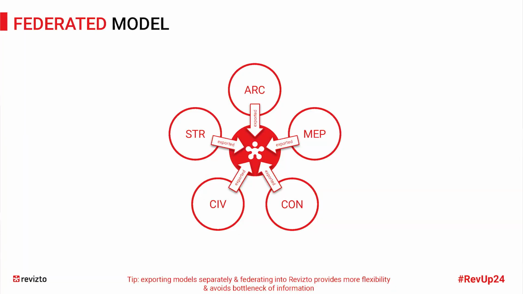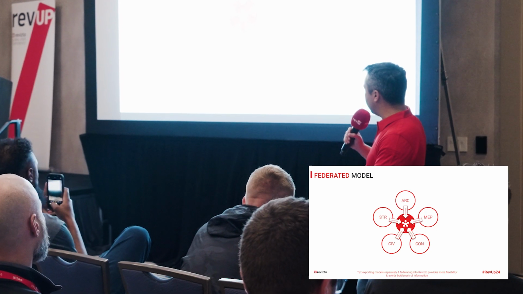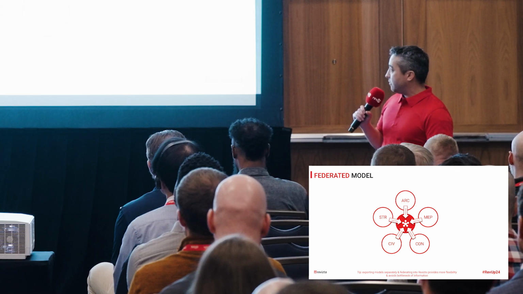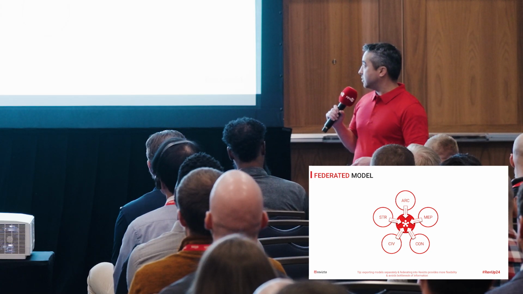This is the best way to get it in because it allows more autonomy for the user if they want to update their model quickly, rather than relying on one massive federated model, which can really bottleneck the information getting into Revizto. So if you can get your trade managers or the engineers to export separately, Revizto will federate it all together, as long as you have all your coordinates aligned. That is the best practice for federating.